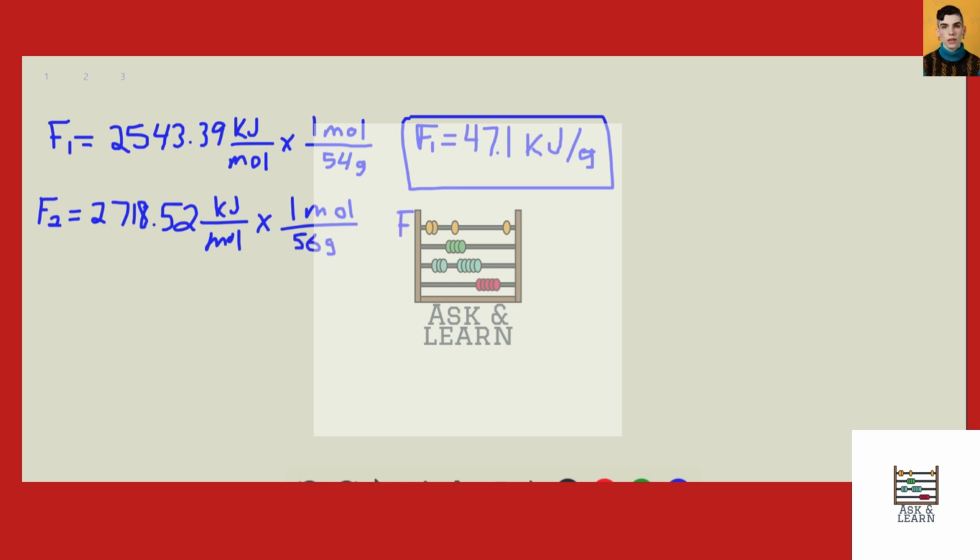That means F2 is going to equal 48.5 kilojoules per gram.